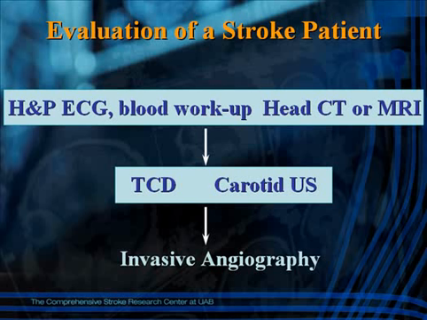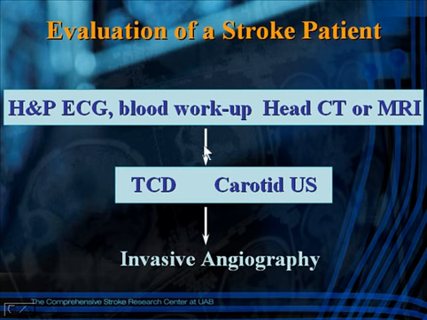As you can see from this slide, the standard of care evaluation of an acute stroke patient consists of history and physical, vitals such as ECG, blood oxygen, as well as basic labs, and quick access to structural imaging such as head CT, computerized tomography, or MRI, magnetic resonance imaging.